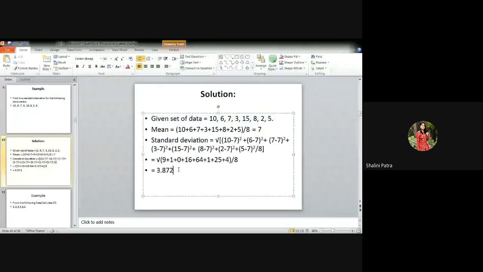Just note down. Salini Patra will be called one by one. Pattasa Jana? Sir, yes, sir. Raut?